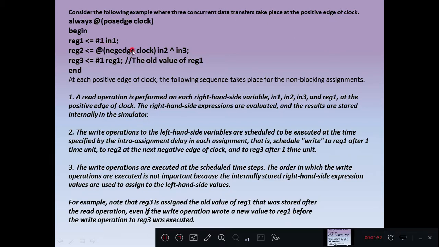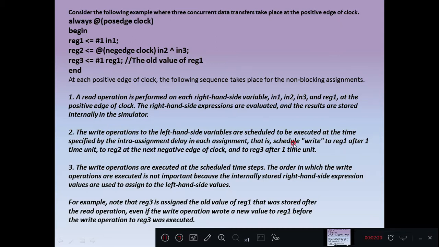The results are calculated immediately with the values of IN1, IN2, IN3 and register 1, and stored in internal registers of the simulator. The write operations to the left hand side variables, REG1, REG2, REG3 in this case, are scheduled to be executed at the time specified by the intra-assignment delay in each assignment.